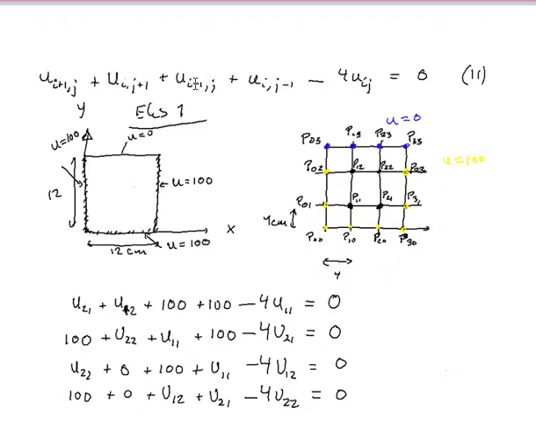U01 is the value here, and in this case we know the value at this point, so we just write 100 here.